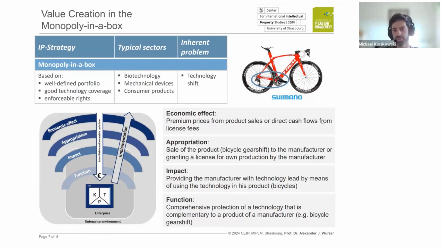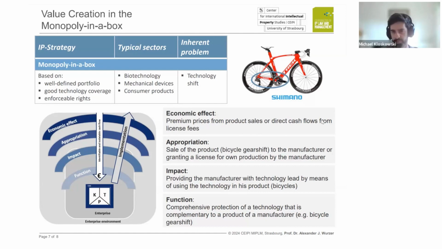Concerning the functions, we will also start with the functions. It's a comprehensive protection, so it's not only patents but also trademarks and processes, and the overall protection of the product and the environment of the product itself, and to bring it in connection with high quality.